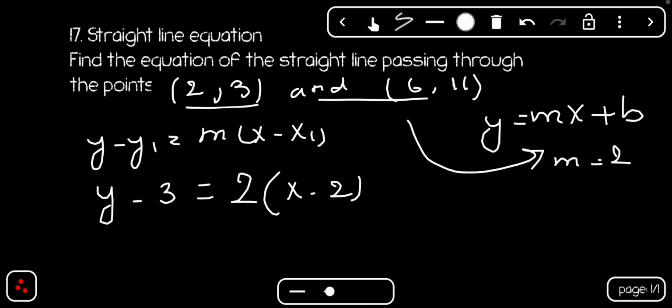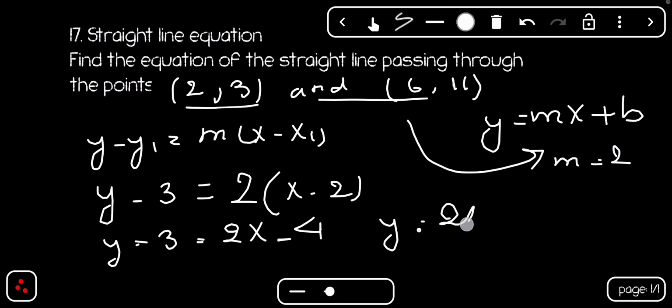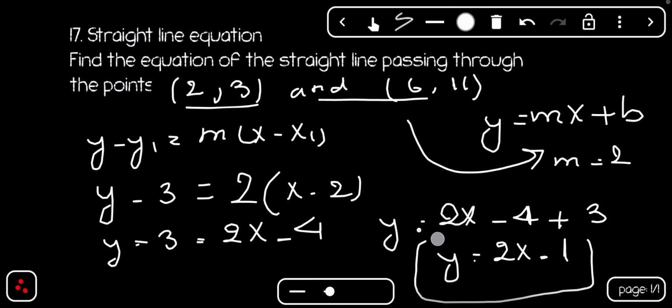Then we simplify: y minus 3 is equal to 2x minus 4, and then y is equal to 2x minus 4 plus 3, and our final answer is y is equal to 2x minus 1, and this is our final answer.